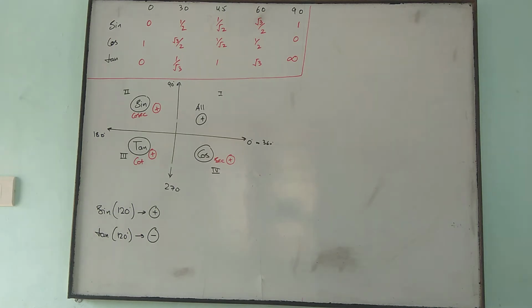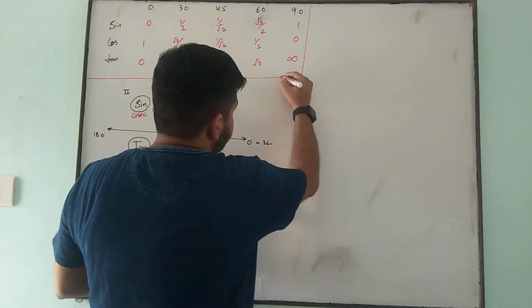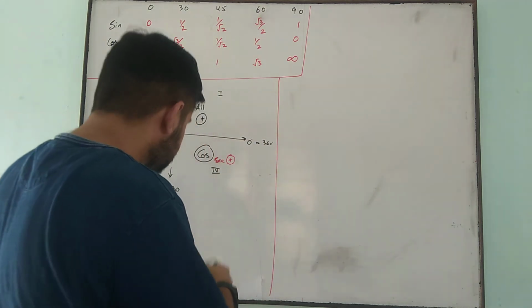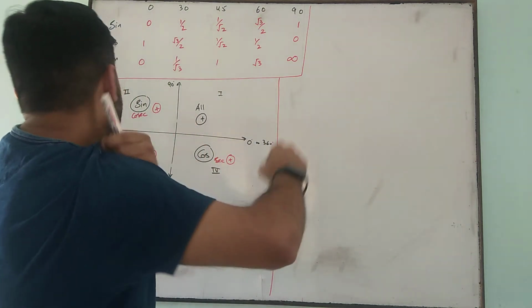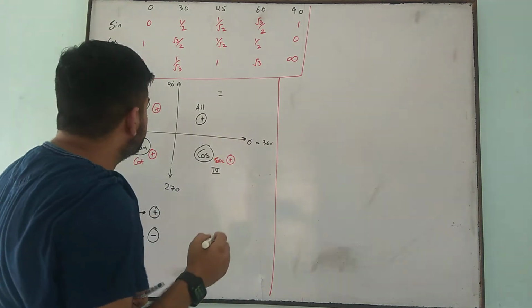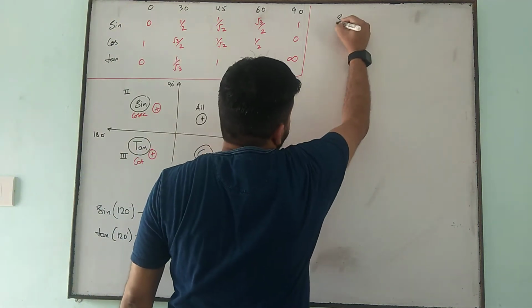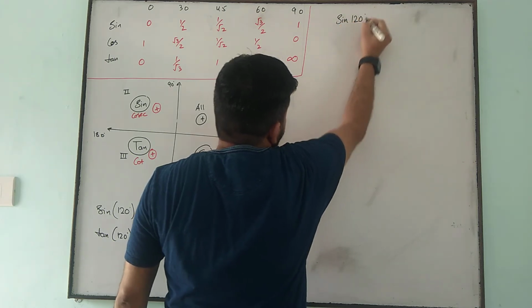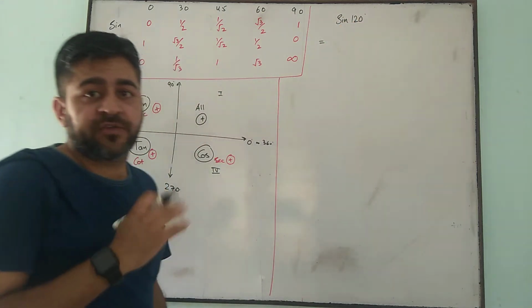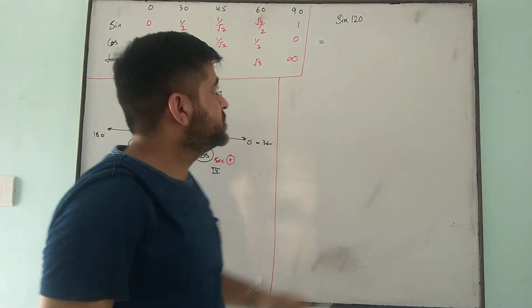Next thing we have to do here is, suppose we need to find the value of sine 120 degrees. Above 90 we are finding now. So sine 120, suppose you need to find.